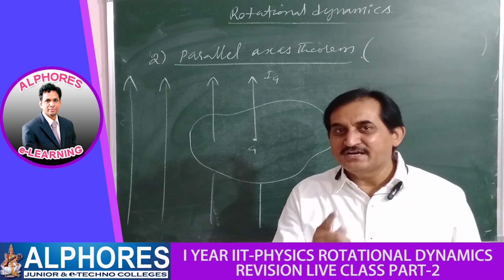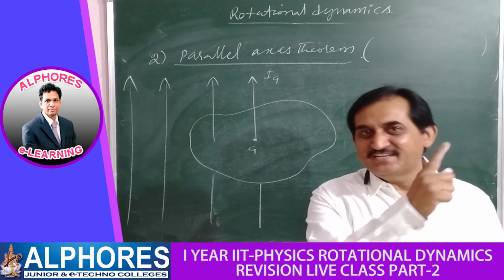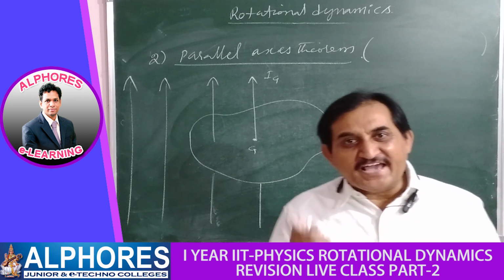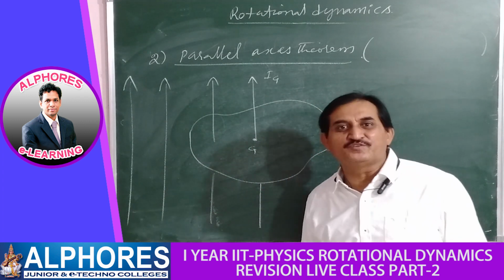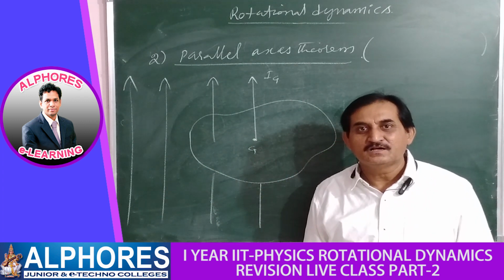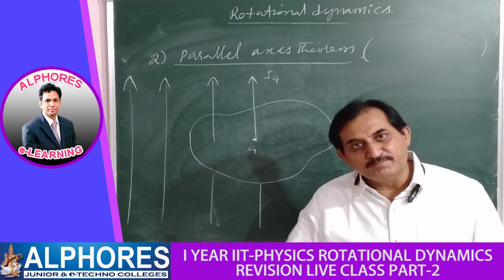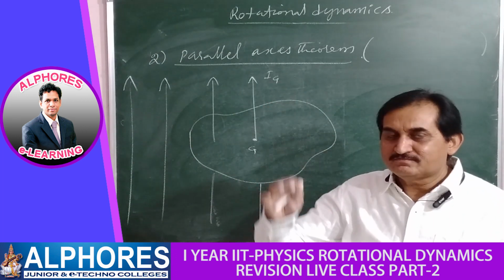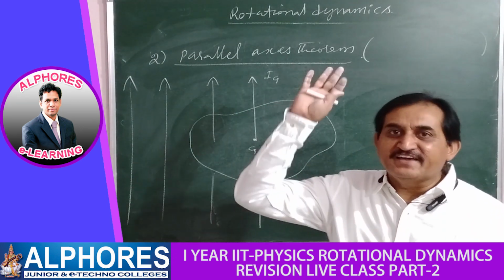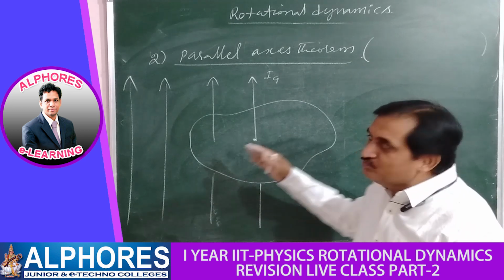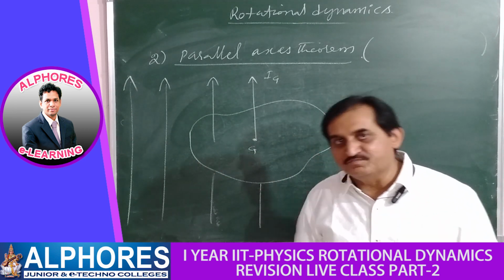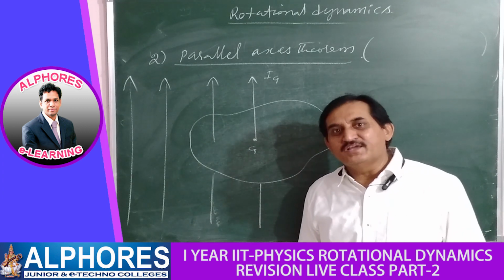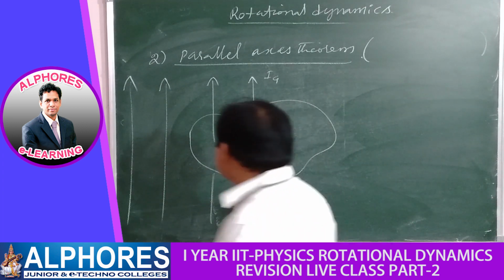But one point should be kept in mind: out of these two parallel axes, one axis must pass through the center of gravity. The other axis must be parallel to it and may pass through any point. There is no objection at all while using this parallel axis theorem.